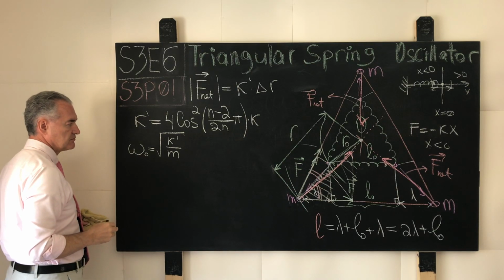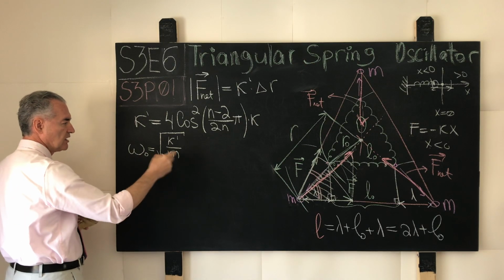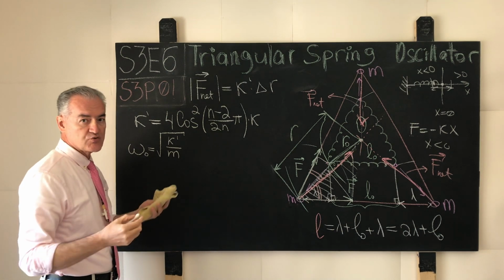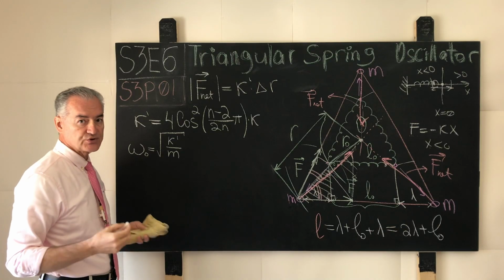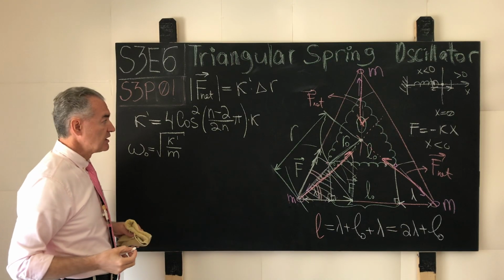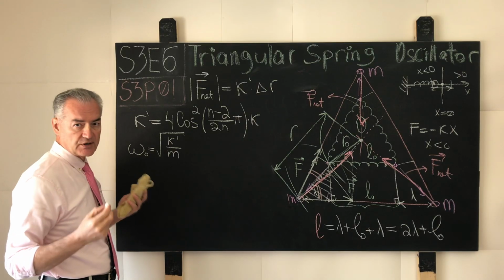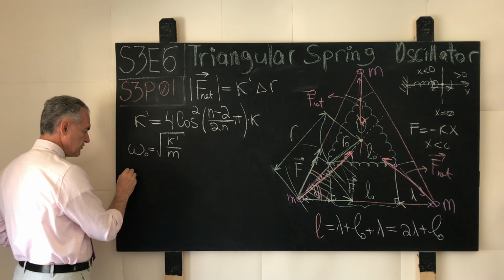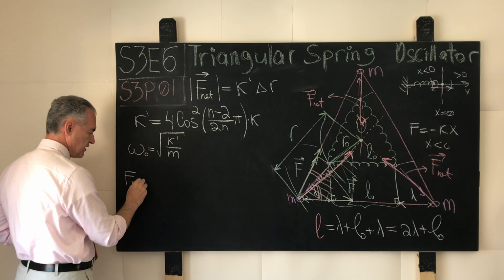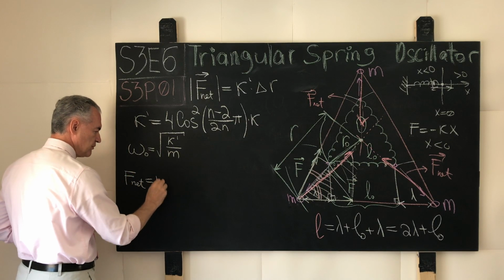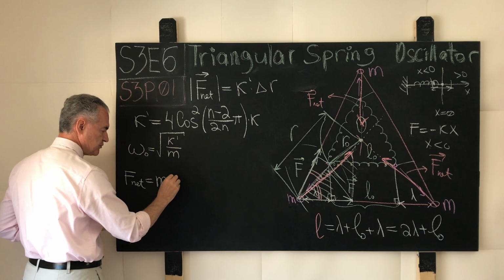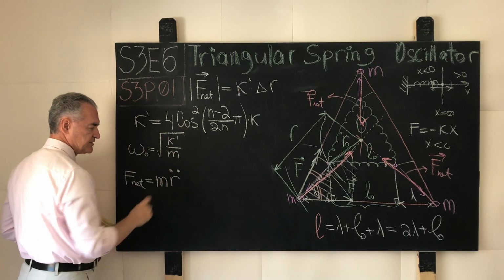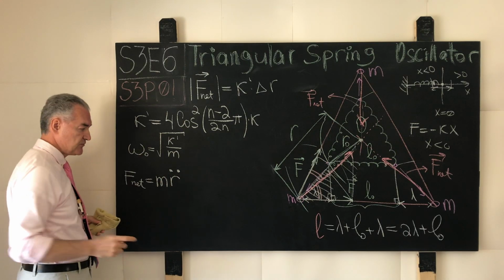This is how this works out. But for more advanced, let's say high school students who know something or have heard about differential equations, and if you are in college, you definitely have to know that the net force in this case, F net, will be equal to mass times r double dot. I will designate with two dots the traditional time derivative in physics.